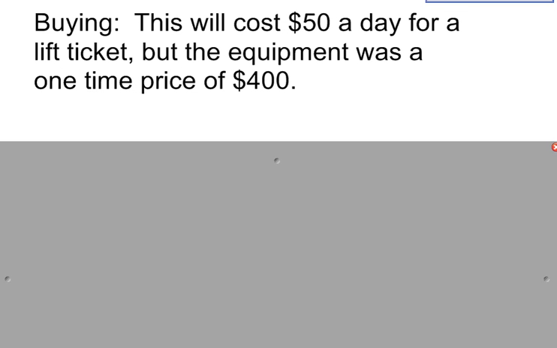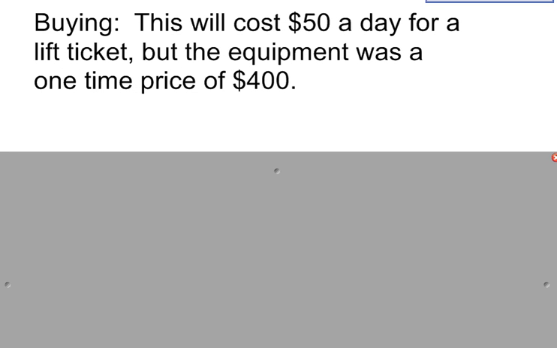Now we need to write an equation for buying. Well, if we buy our equipment, I still have to pay $50 every day that I go, so that's 50x. But on top of that, I have to pay an extra $400. How many times am I going to pay that $400 to buy boots, board, binding?